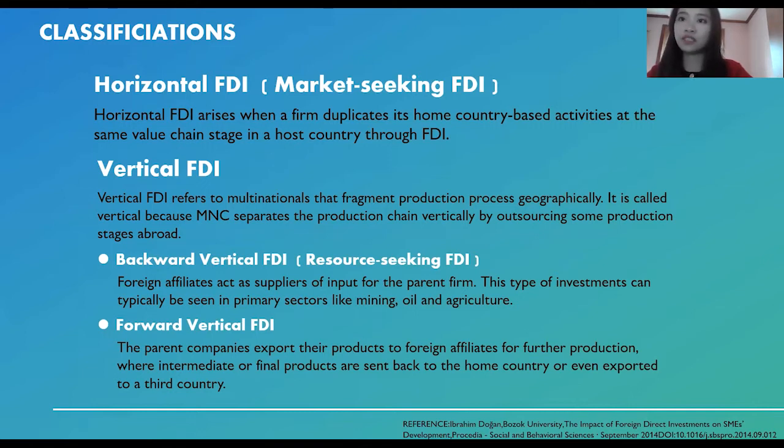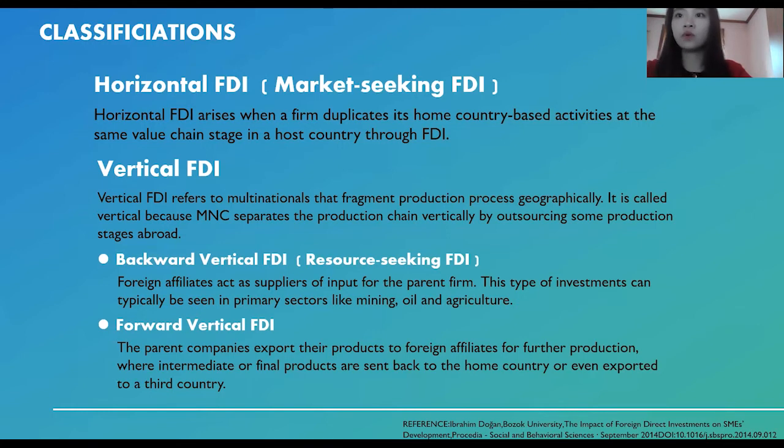For example, a process like assembly needs cheap labor, and headquarter activities need technology and skilled labor. Through the differences in the prices of these different kinds of input between countries, it generally becomes cost effective to separate the production chain. Thus, the main motivation for vertical FDI is to lower the cost of production.